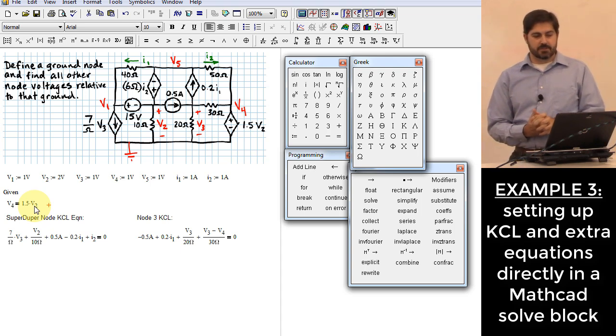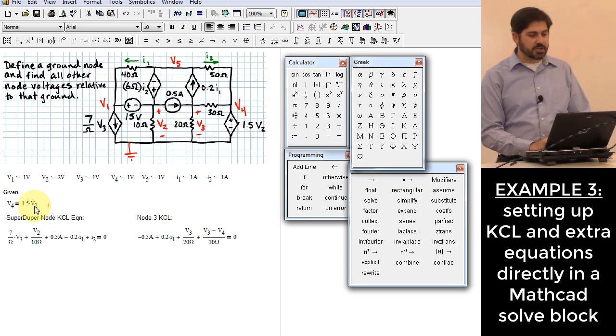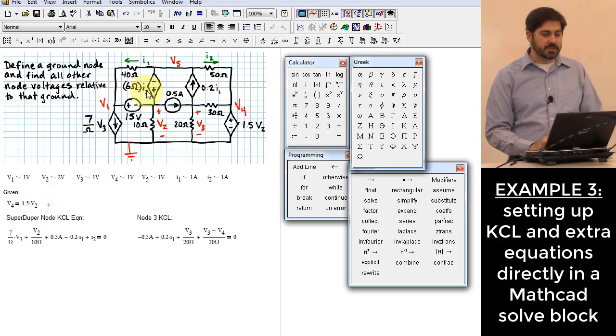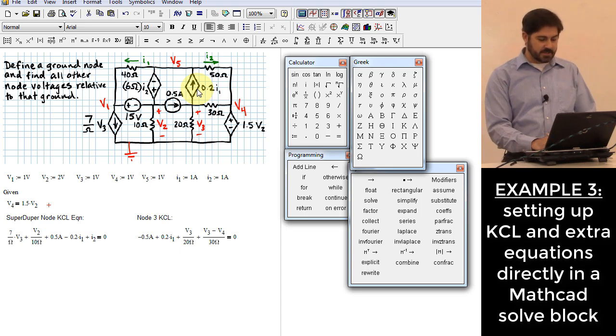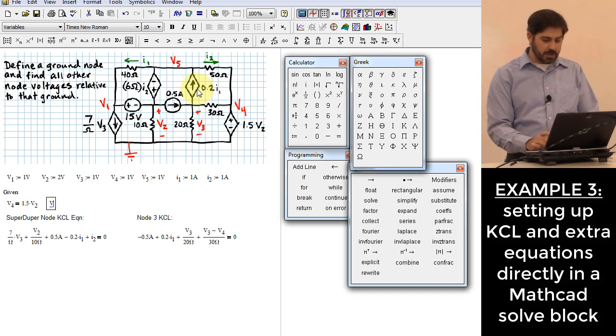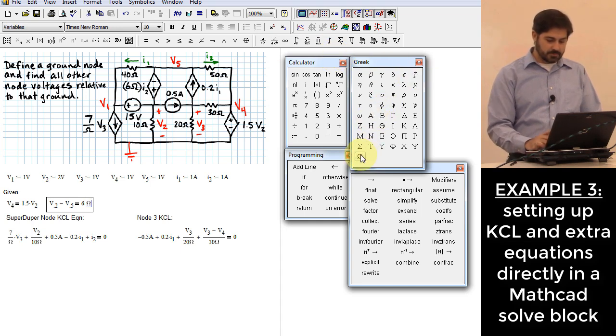For instance, is there some kind of a relationship I can define for how this dependent voltage source right here works? In other words, maybe it could be something like this. V2 minus V5 will be what? 6 ohms times I2.